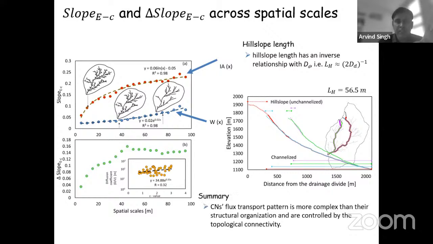So in short, the channel network's flux transport patterns are more complex than the structural organization of the channels, and they both are controlled by topological connectivity, that is, the degree of heterogeneity we observe in a given network.